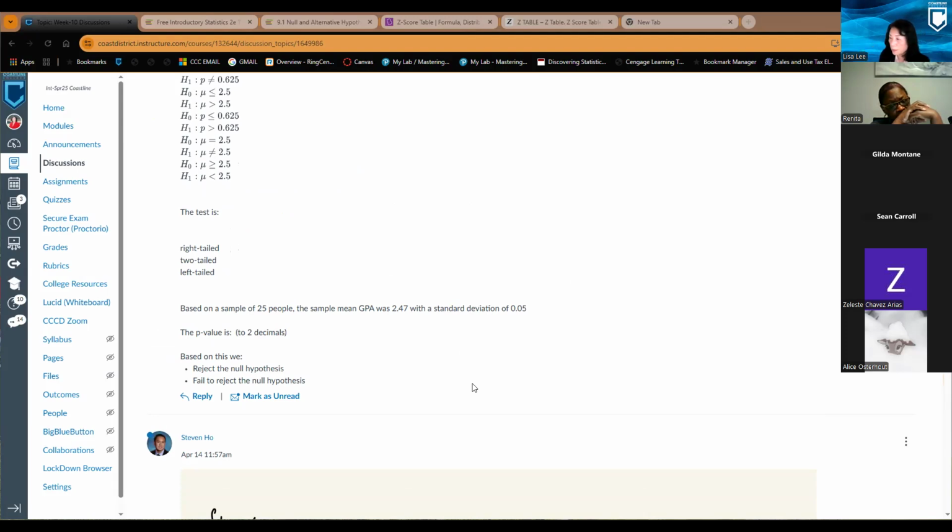So for this problem, I will go to my calculator, press STAT, and go to TESTS, okay? And choose the t-test, number 2, T-Test. When you press on the t-test, it will ask you for the input: is it data or stats? I will select stats. You choose data only when the problem gives you the original data.